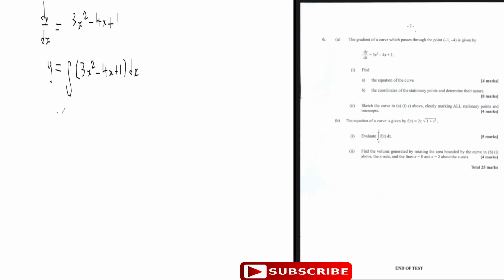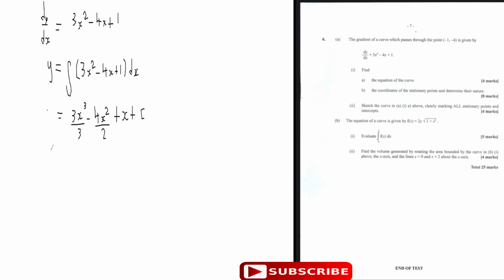Now you integrate that, and what you're going to get is 3x cubed over 3 minus 4x squared over 2 plus 1, that's just x, plus some constant c, and that's the equation of the curve.